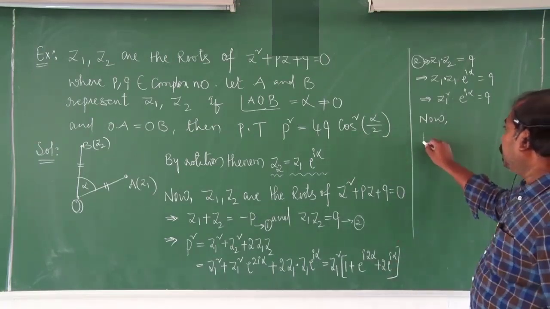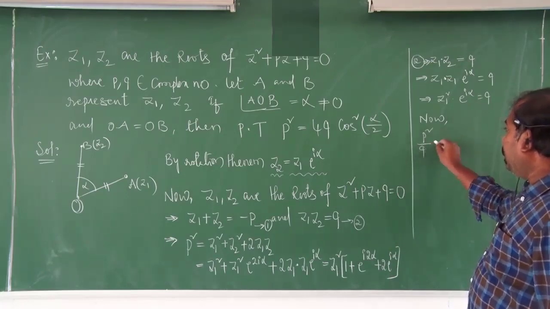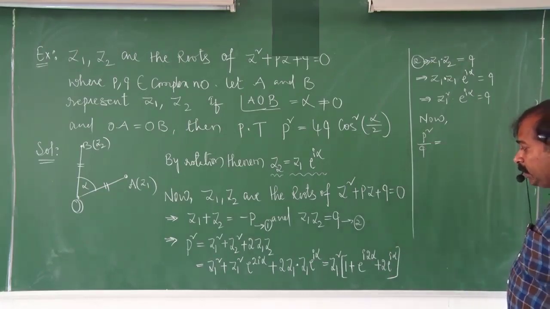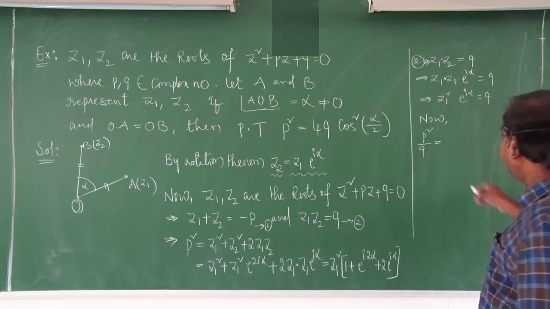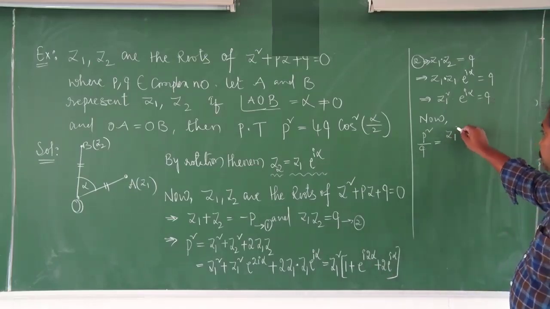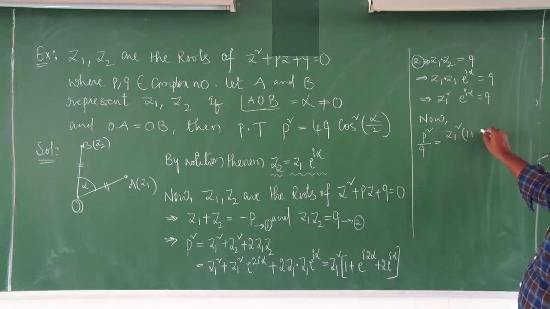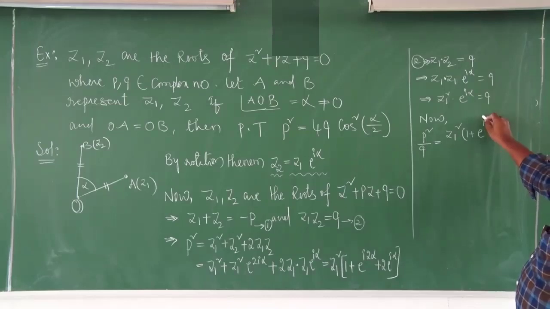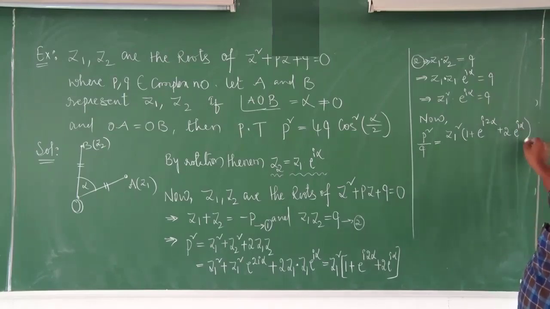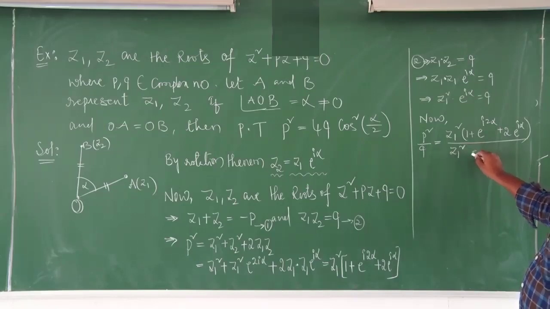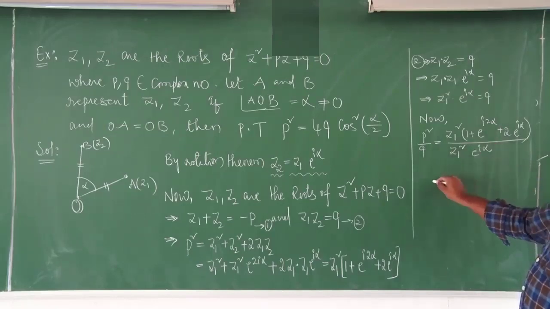What is the p square value? P square value is z1 square into 1 plus e power i 2 alpha plus 2 into e power i alpha, by the denominator z1 square into e power i alpha.